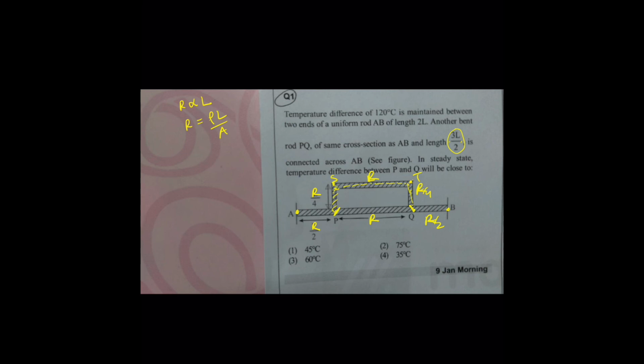PS, ST and TQ are in series, as no current is getting divided in this particular arm PSTQ. So I can write that total resistance as R by 4 plus R by 4 plus R. So that is nothing but R by 2 plus R, which is 3R by 2.